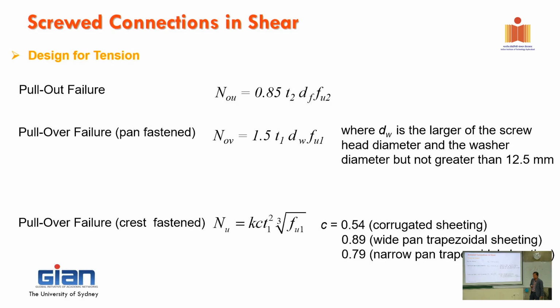You mean the depth of the crest? I don't see anything related to the depth as well. It's just the configuration. If you use that, use this equation. If you put it on the top of the rib, then you use that equation. Otherwise, quite complicated. Yeah, it all depends on how you design. So we need more tests on that.